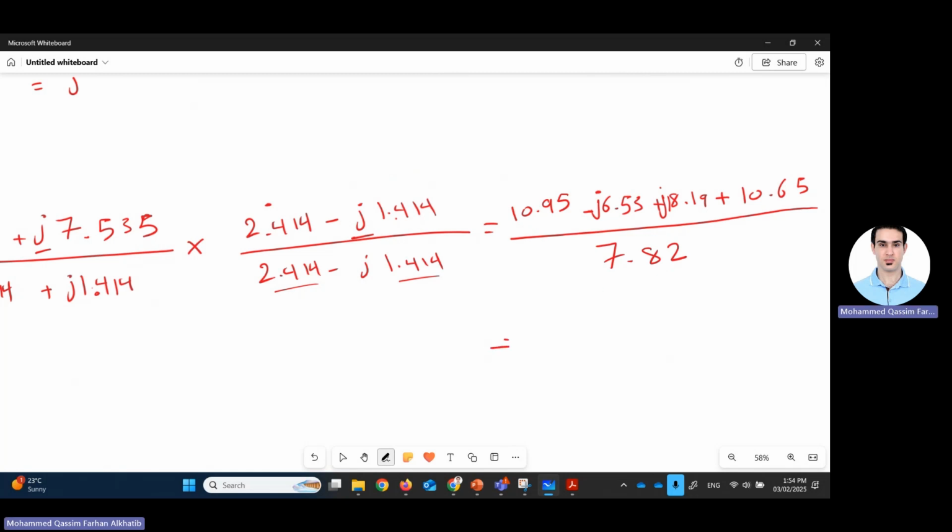All right, so let's get the real parts together. So I'll have 21.56, 21.6, right? Okay, so I have negative plus j 18 minus 6, 11.66 divided by 7.82, and that equals.